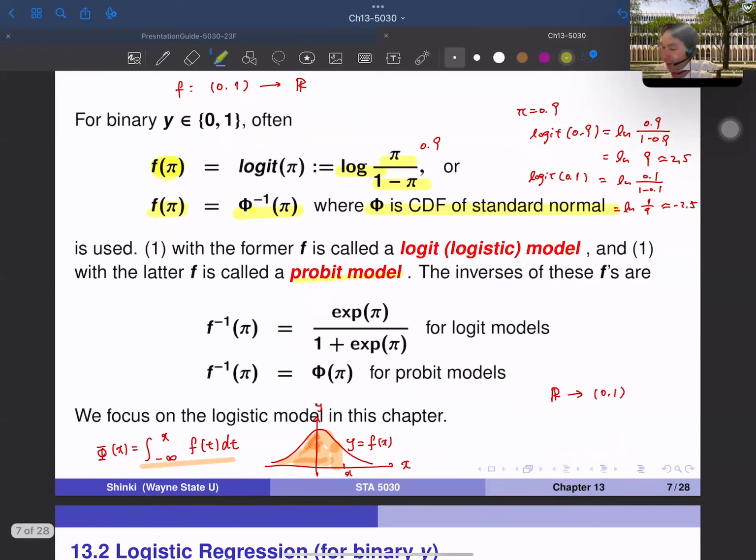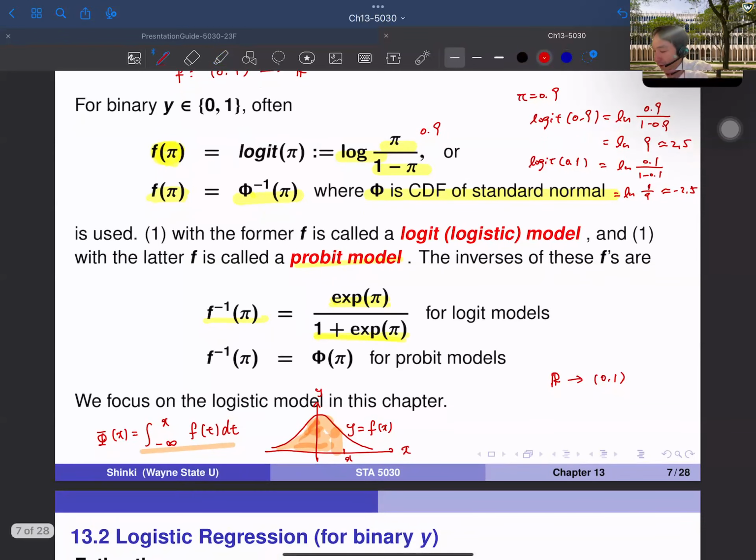And one good thing about the logit function is that the inverse of the function also has a specific formula. So f of pi is defined as the log of pi over 1 minus pi. But if you do some algebra, then you can see that the f inverse of pi is exponential of pi over 1 plus exponential of pi.